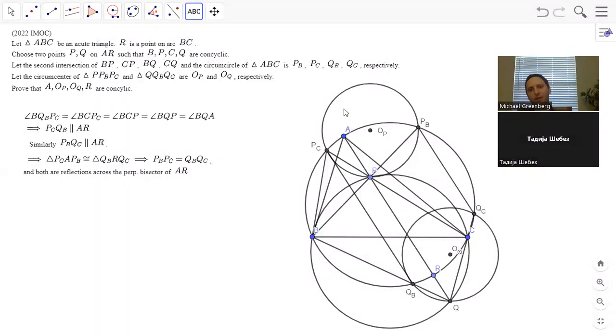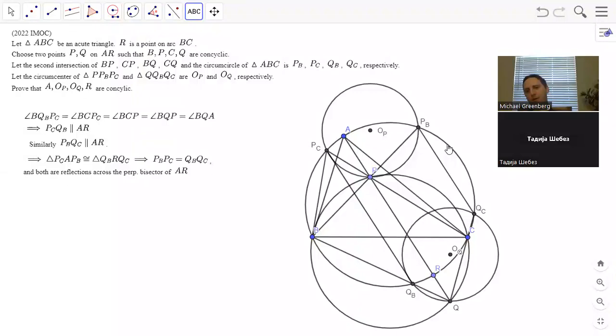But the segments themselves are reflections across the perpendicular bisector. So this segment and this segment are reflections, and the circles containing those segments are the same size. So then the circles have to be reflections. I think that's right.